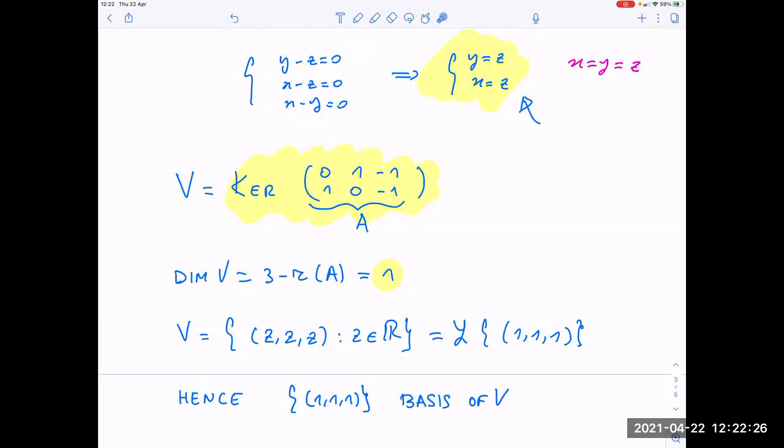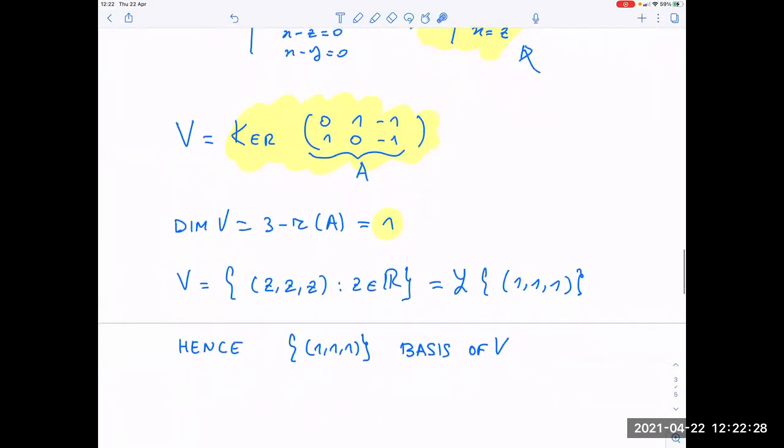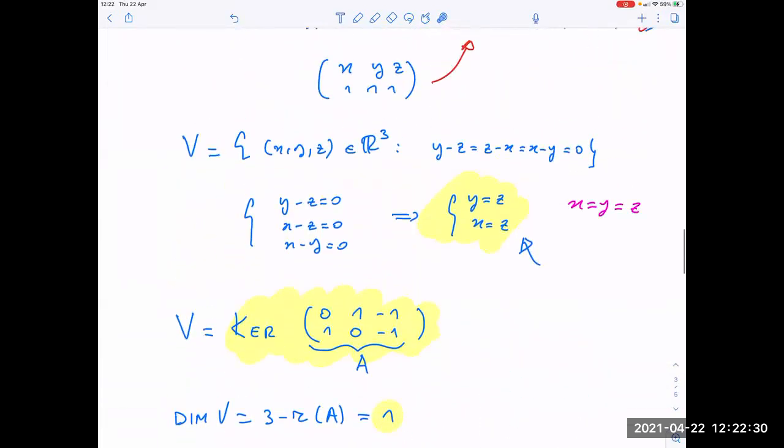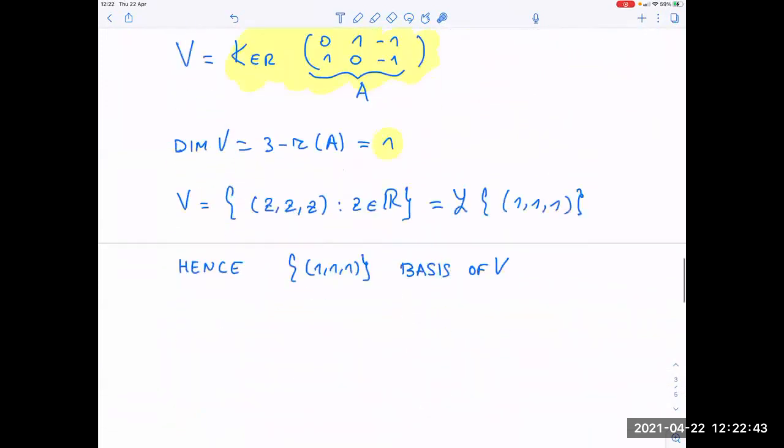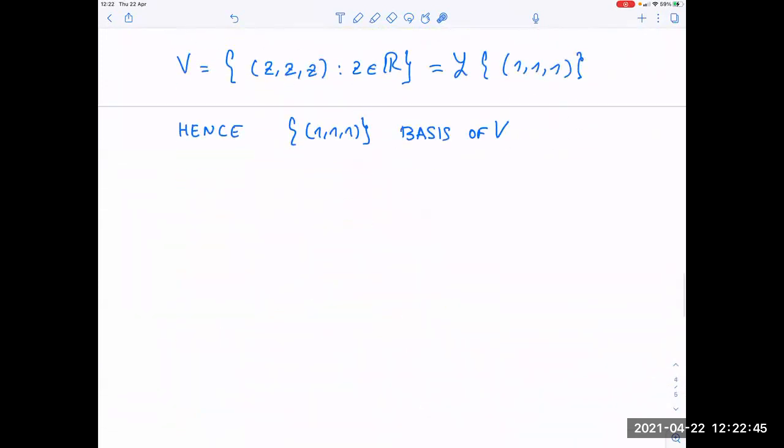Not a big problem, right? This is something we know how to do. How do you find the system? Well, by computing the cross product, using the definition of the set V. Okay, good. So let's see the next one.